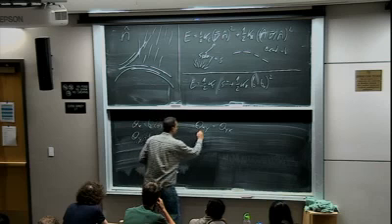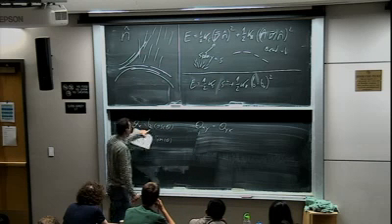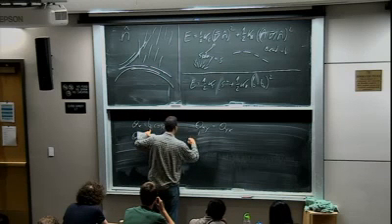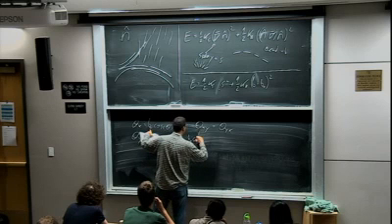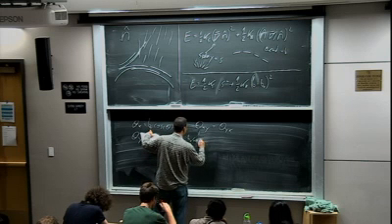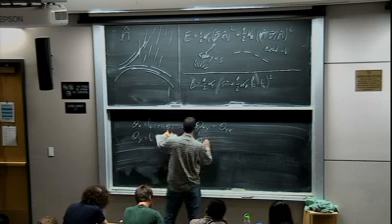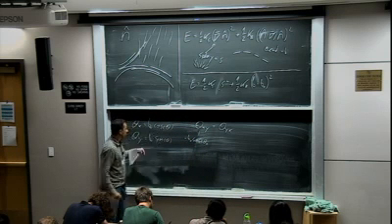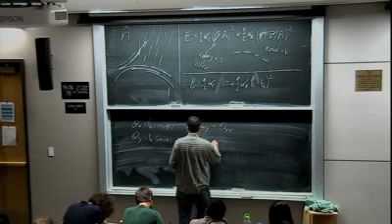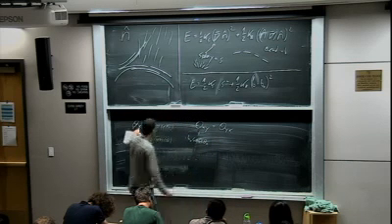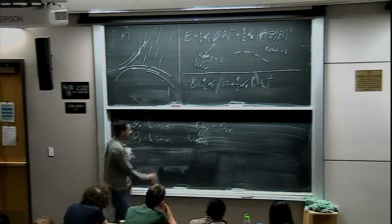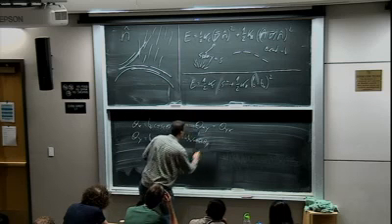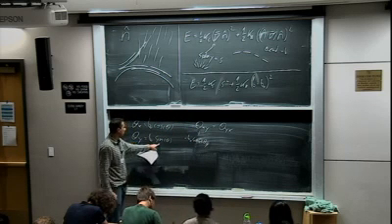And now we can do this. Taking theta xy gives you b naught sine theta, theta x with a minus, and theta y is a sine.